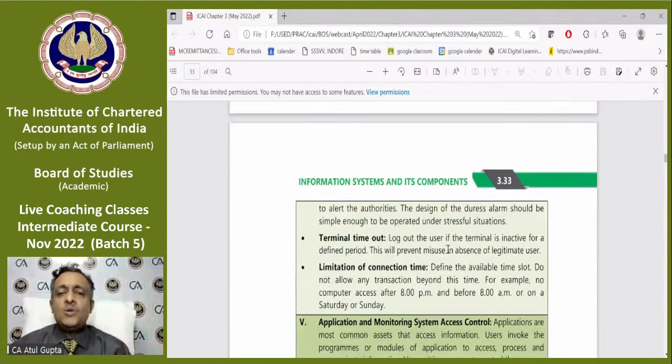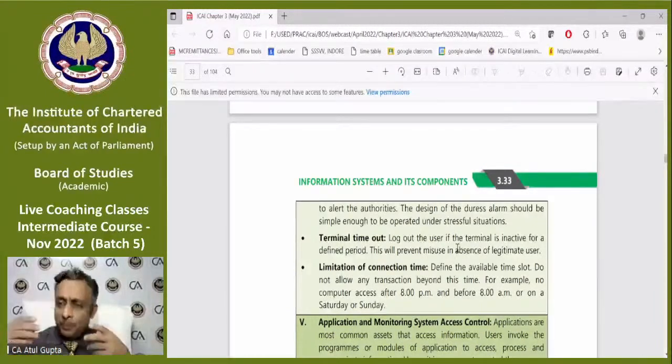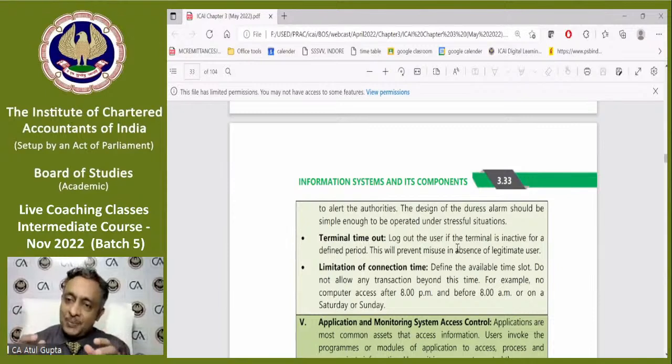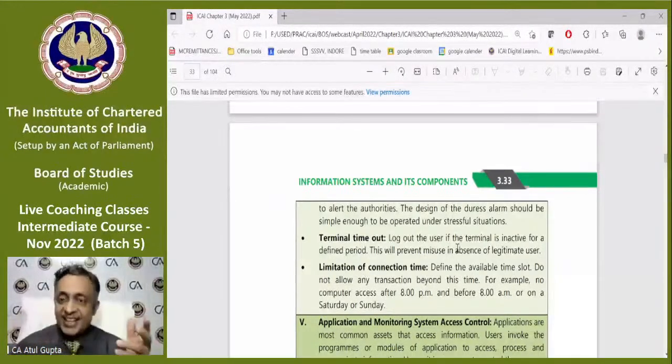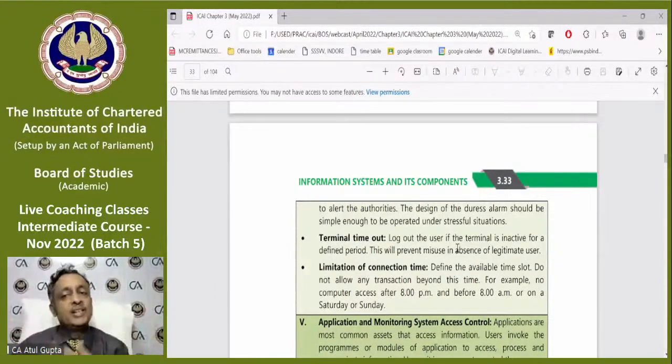Then terminal timeout. After a specified time, you log out, and you have all answered that correctly, that an unattended system is left out. So you need to create what you may call a screensaver password. The other is you can have a logout time and limitation on connection time. Like big corporates, they have a restriction that an employee can only come from 10 a.m. till 6 p.m. If the employee wants to come for a longer time, then he or she has to take permission.